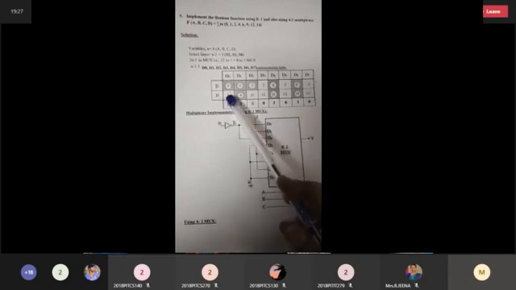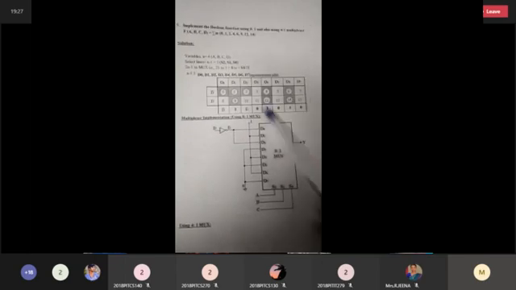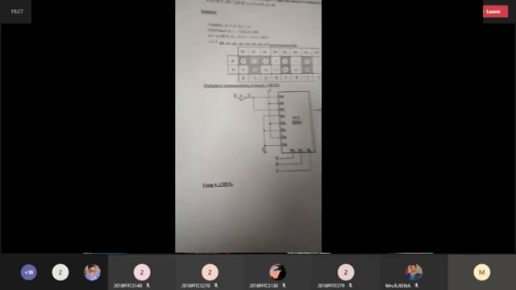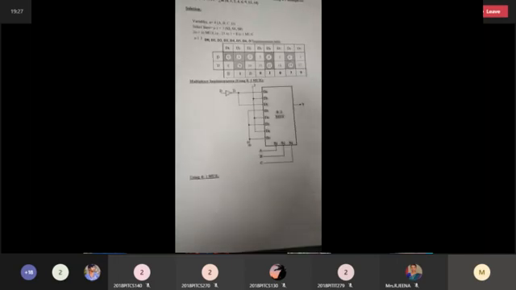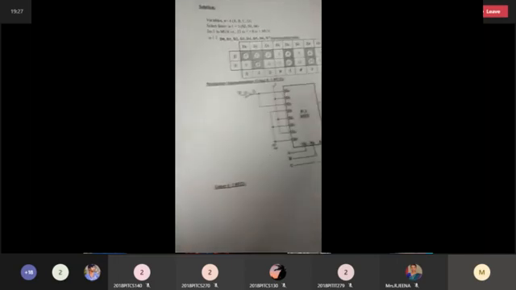Next, D bar: 0 is D bar. Next, D2 is D bar. So 0 and D2 are D bar, and D means no D is there. Okay. Only D bar. Then what are the selection lines? A, B, C are the selection lines. Okay. Next, now this is the 8:1 multiplexer.